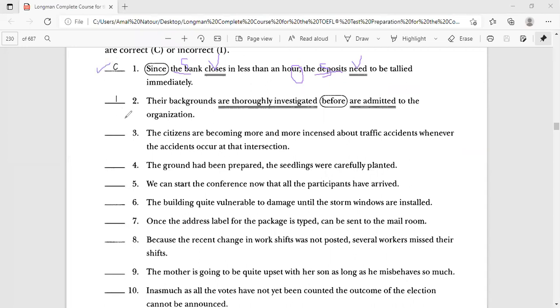The second one, their backgrounds, this is the subject, are thoroughly investigated, this is the verb, before are admitted. Here is the verb, but where is the subject? Comma. I need here a subject.